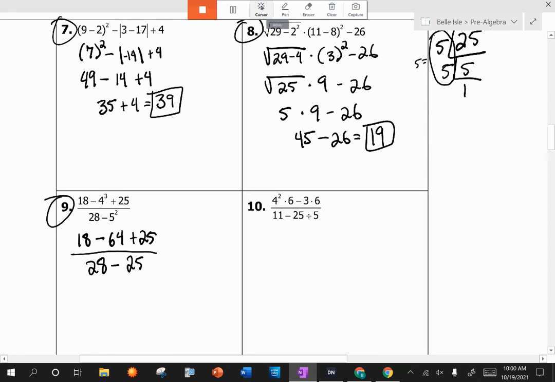Okay, so on number 9 with this big fraction, you're going to work the numerator, the top part, kind of like it's its own problem, and you're going to work the bottom part kind of like it's its own problem, and just keep them separated in the numerator and the denominator. As you get to the end of it, it'll start to work itself out to where you can simplify it even more.